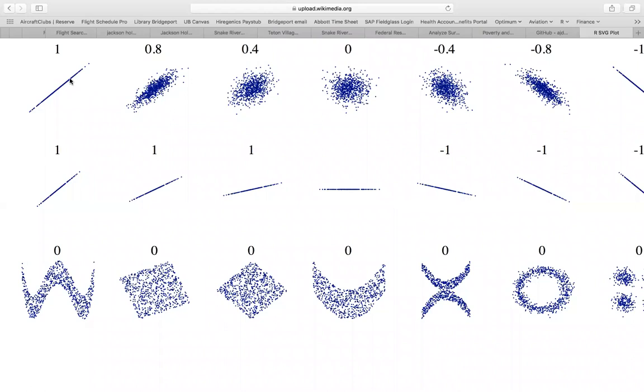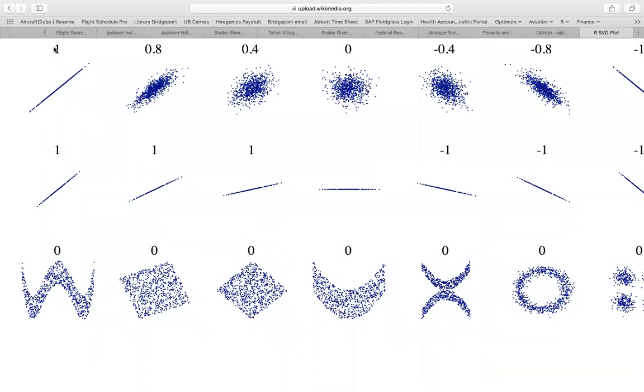So a correlation of 1 means that there is a 1-to-1 relationship between age and income, if that were our two variables. That means as age goes up by 1 unit, income goes up by 1 unit. And the unit could be thousands of dollars or $10,000, whatever it is.